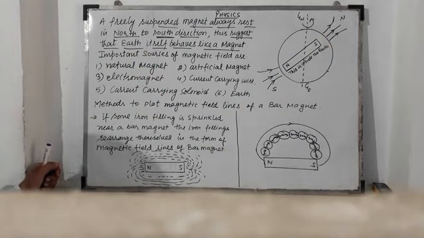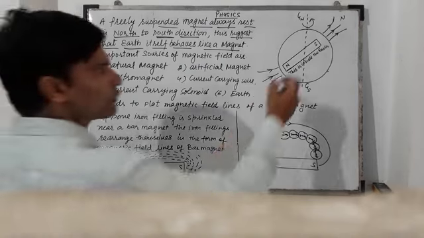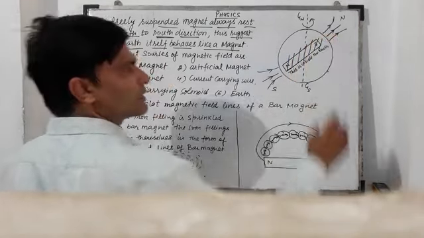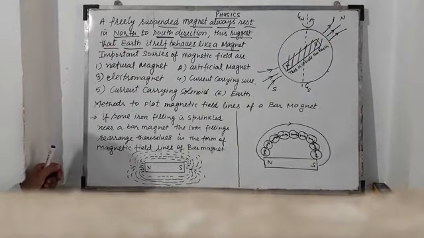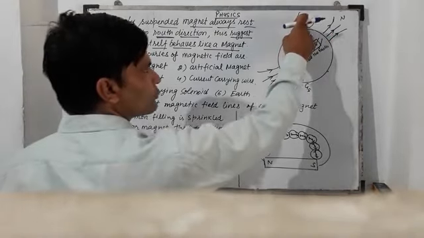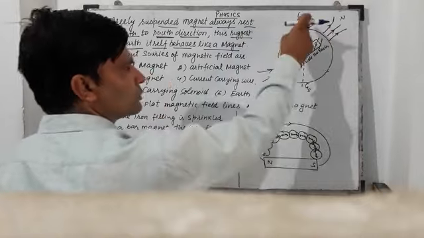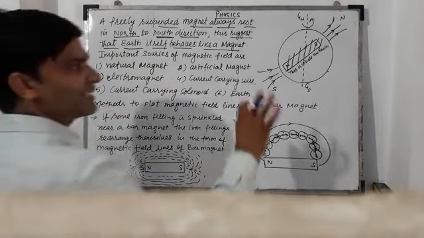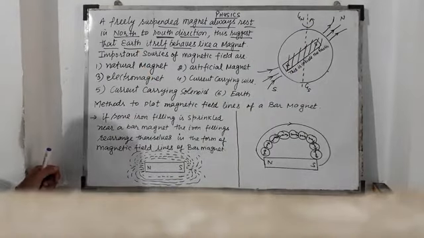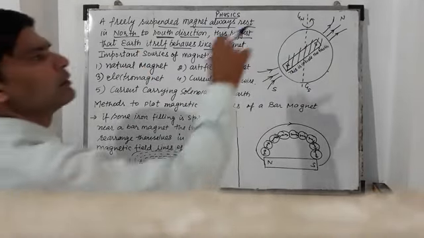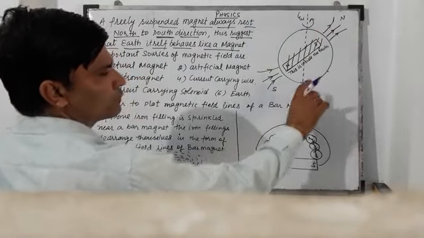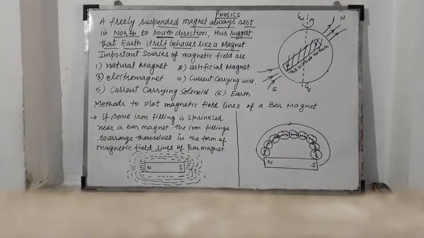Always remember this. So this magnet is inside the Earth. Now according to geographic north and geographic south, the magnetic field lines are right, and when a magnet is suspended, it rests in this north to south direction.